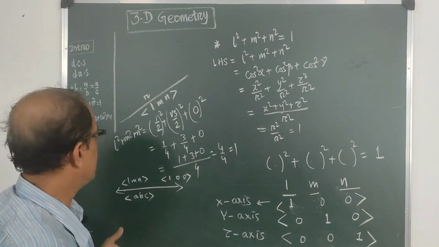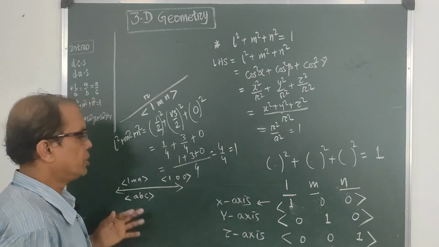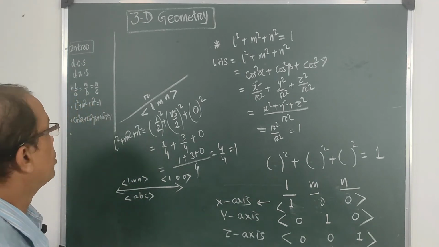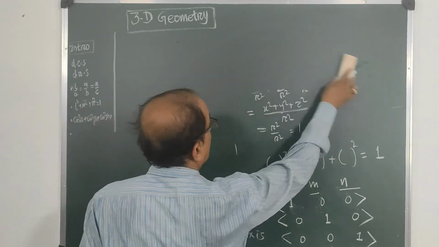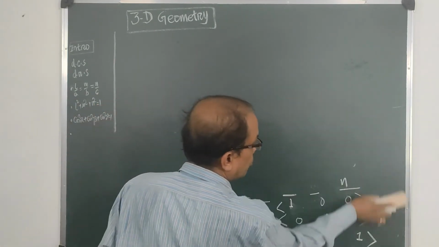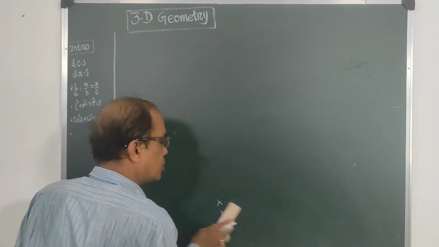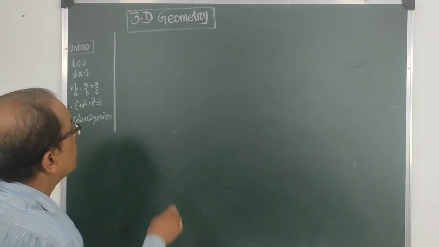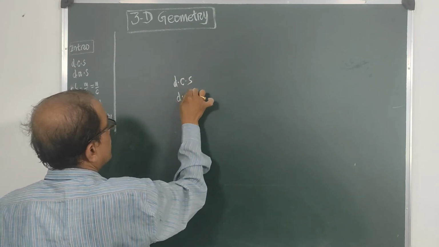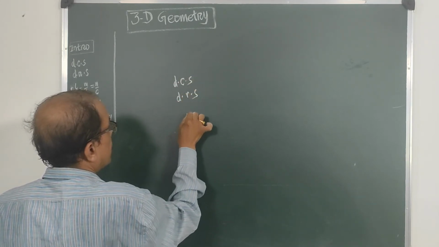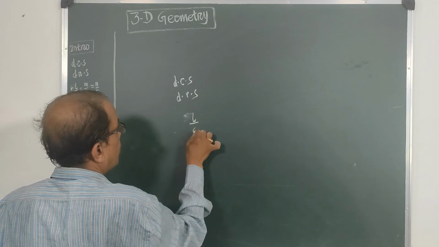Similarly, the y axis will have 0 1 0, and the z axis will have 0 0 1. And with this we have found the fundamental things to study three-dimensional geometry, and here we cover up to DCs, DRs, and their correlations.